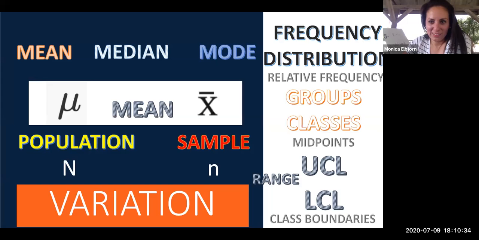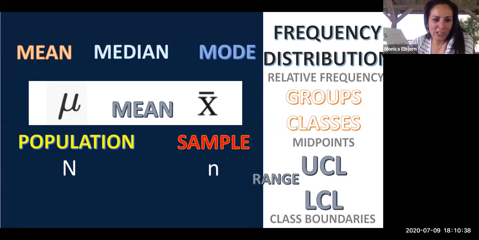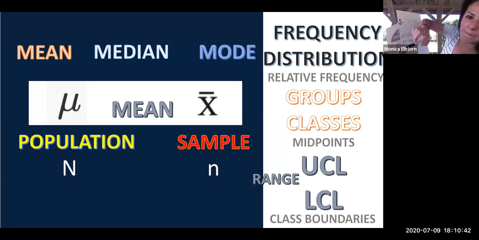Someone said the right answer. So we said the mean for a sample was X bar. That's the mean of the sample. And then the mean of the population is mu.